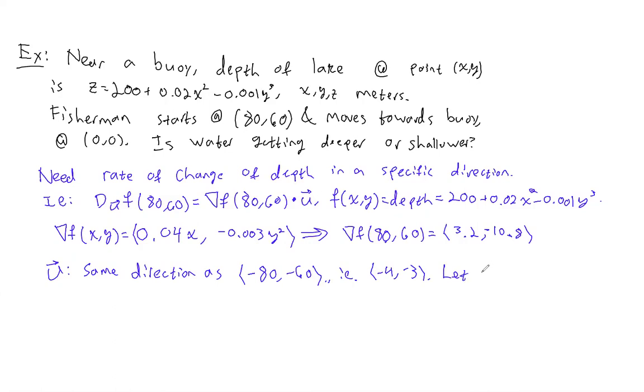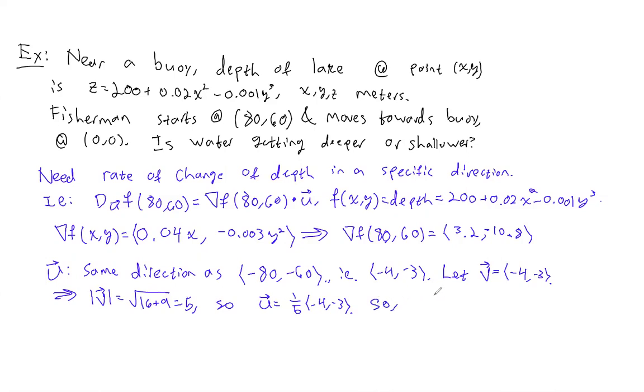Let's say we're going in the direction of v, which is negative 4, negative 3. The magnitude of v is root 16 plus 9, or in other words, 5. So our vector u is 1/5 times negative 4, negative 3.